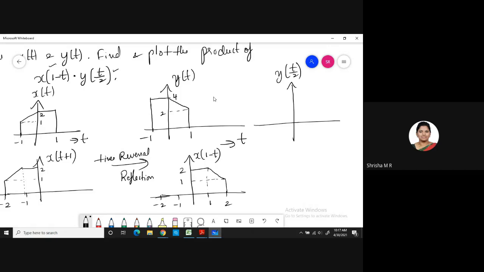So that is scaling. We are scaling it by a fraction. So it is y of 0.5 t. So divide the time axis by 0.5. So your signal will exist from minus 2 to plus 2. Correct? Yes or no? It will exist from minus 2 to plus 2.